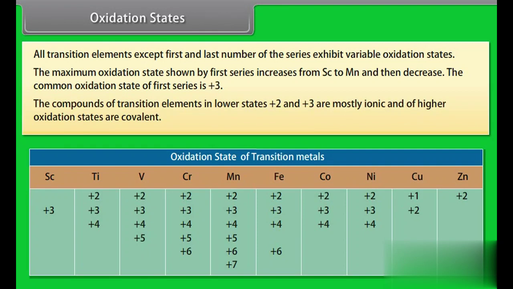The compounds of transition elements in lower states +2 and +3 are mostly ionic and of higher oxidation states are covalent. For example, ZnCl2 and CdCl2 are ionic in nature and Cr2O7^2- and MnO4^- are covalent in nature.